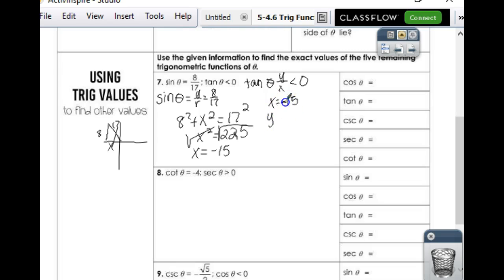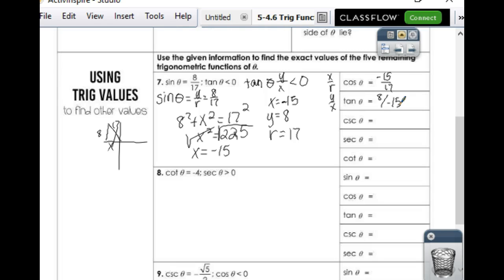So that means the x is negative 15, the y is 8, and the r is 17. So the cosine, x over r, will be negative 15 over 17. The tangent is y over x, so that's going to give me 8 over negative 15. The cosecant is the inverse of which one?